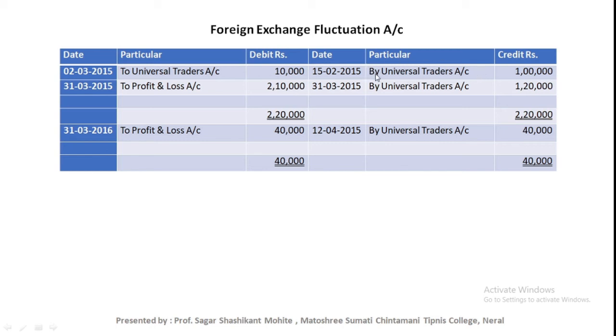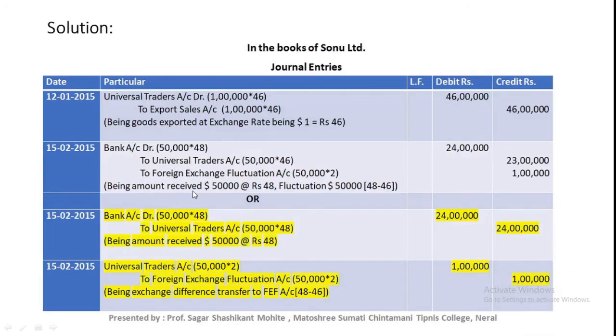That is wrong, because foreign exchange fluctuation account is a non-monetary item. You should credit only the party account. That's why on 15 February 2015, by universal trader account rupees 1 lakh. This is the correct way of posting to the foreign exchange fluctuation account.